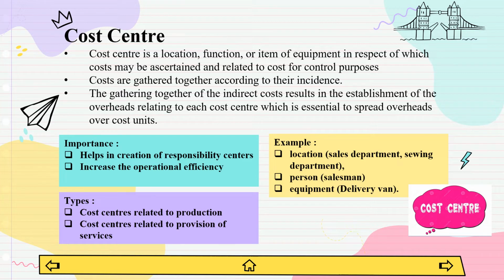After that, examples of cost center. Firstly, location, for example the sales department and sewing department. Secondly is person, like a salesman. And the last one is equipment, like a delivery van.